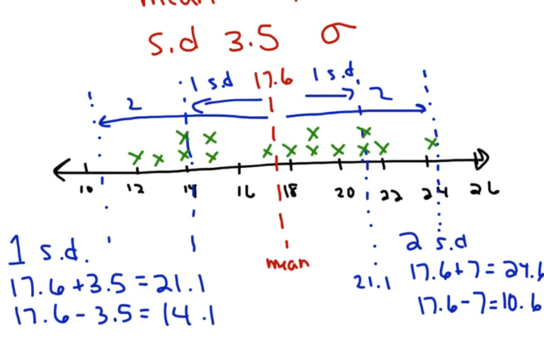With this, all the data falls within 2 standard deviations of the mean. That means that if I was making a prediction about the next value in this set, whatever this data represents, it would probably fall somewhere in this range, somewhere from 10.6 to 24.6.